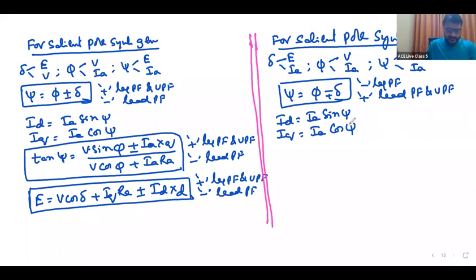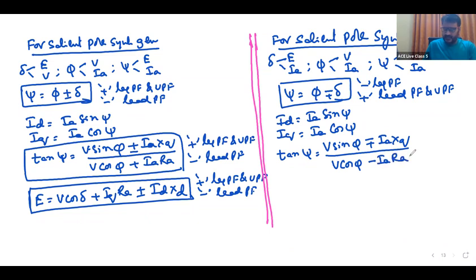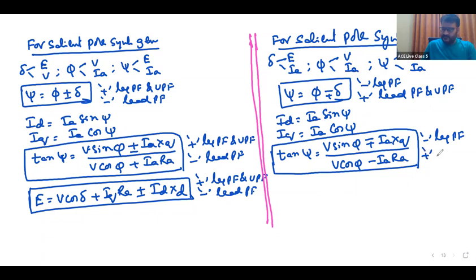It is the same. And tan psi is equal to (V sin phi minus IA XQ) divided by (V cos phi minus IA RA). Minus is for lagging power factor, plus is for leading power factor and also UPF.